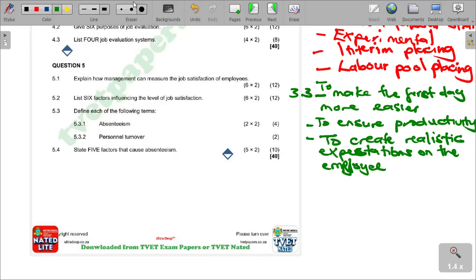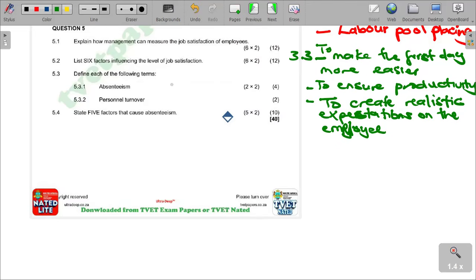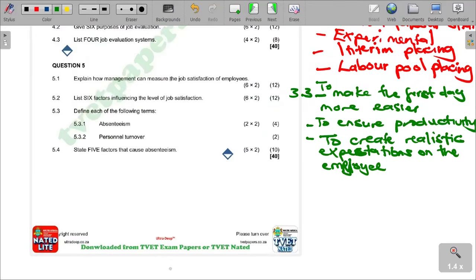The other purpose of induction is to instill a positive image for the organization, to instill a positive image of the organization.